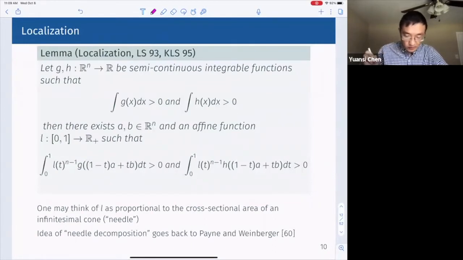Sorry, this slide is a little bit dense, but it's actually explaining a simple idea of this localization lemma in KLS 95.